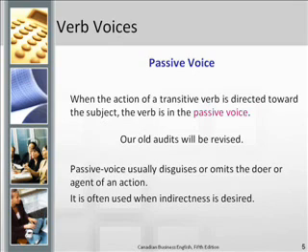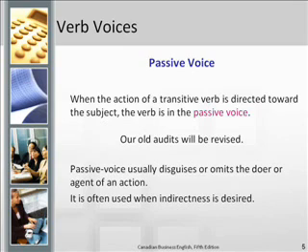It appears that the verb is controlling the subject. The audits will be revised. The passive voice usually disguises or omits the doer or agent of action. So our question here is, who or what is revising the audits? And when you can ask that kind of question, you'll always have a sentence that's in passive voice.